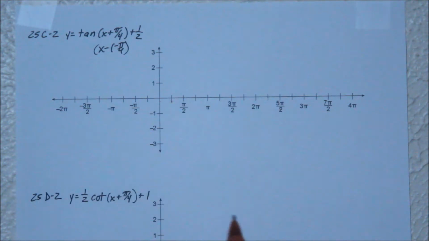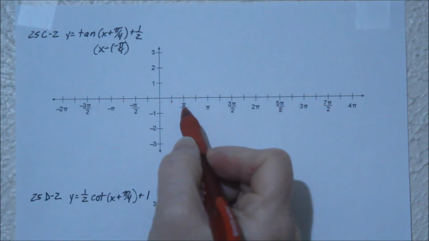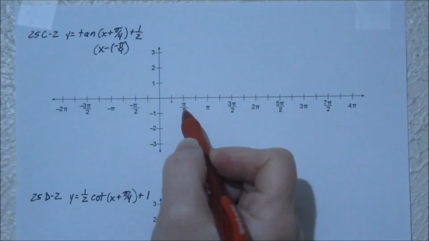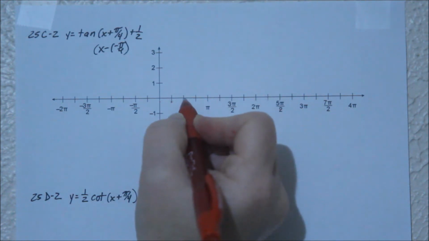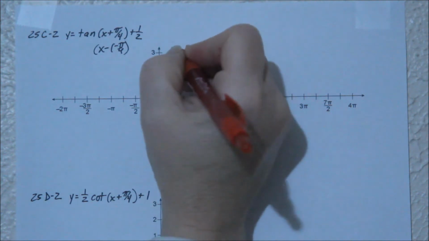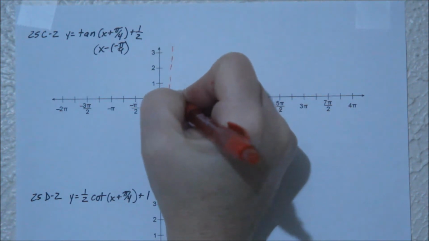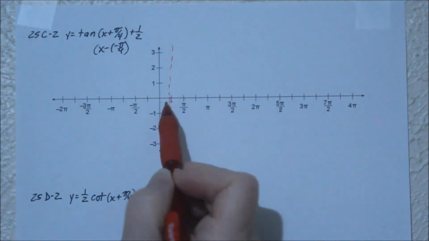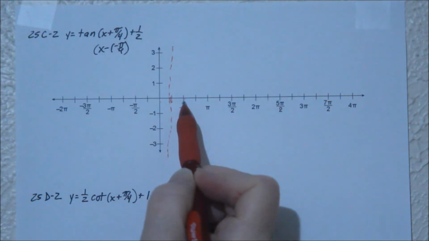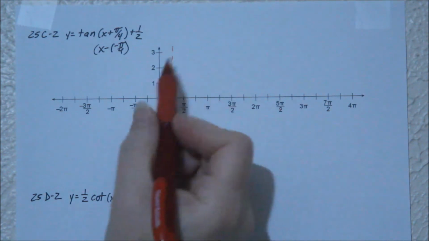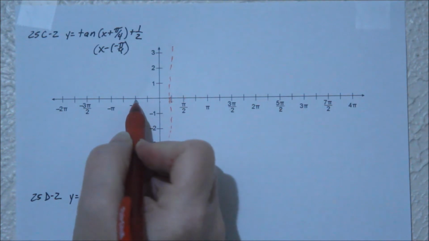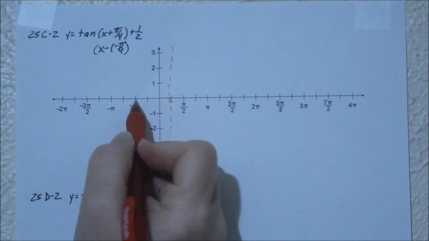Asymptotes and everything. So normally my asymptote for basic tangent would be at pi over 2, but I need to shift it pi over 4 to the left. So one tick mark to the left would be shifting pi over 4 to the left. So my new asymptote is right there. My original one would have been there. Okay? So let's go to negative pi over 2. That would have been the original asymptote, but now I need to shift negative pi over 4.